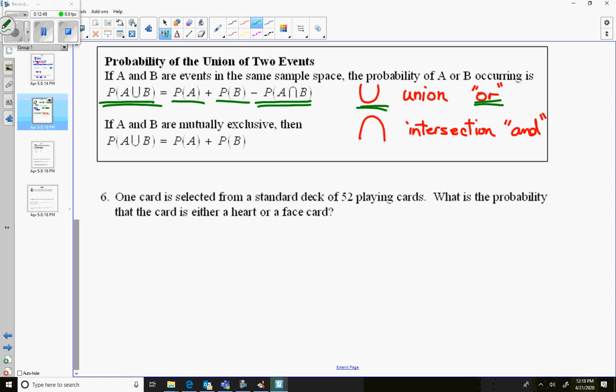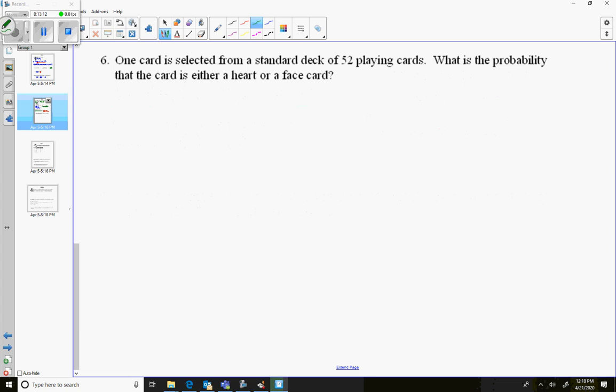All right, now I'm going to skip this next part. Let's just go ahead and jump down to number 6. One card is selected from a standard deck of 52 playing cards. What is the probability that the card is either a heart or a face card? Again, there's lots of assumptions here that you actually are familiar with the deck of cards.